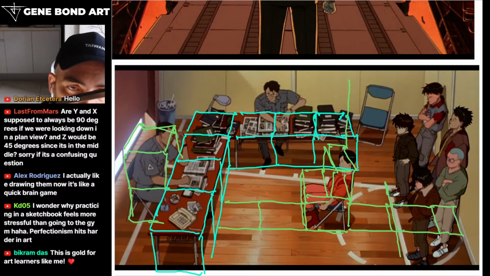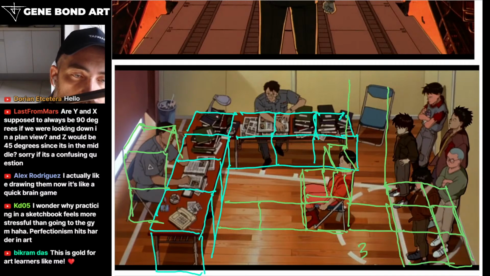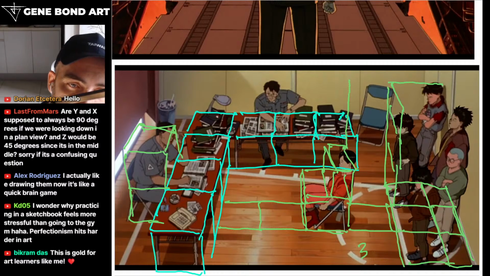So now we have, let's say, this group of guys, right? What kind of geometry is it? It's like a block 3 widths and how many cubes high? Let's say 2.5 high.